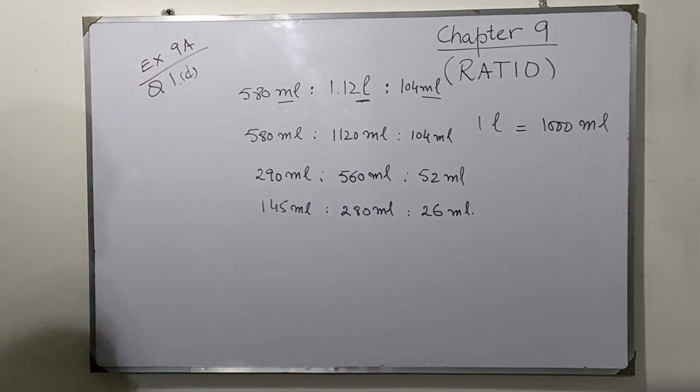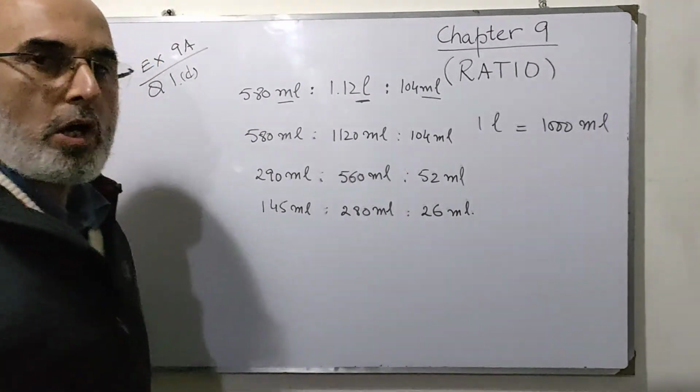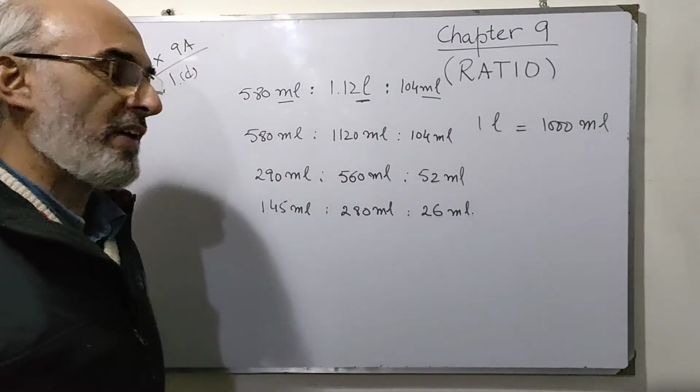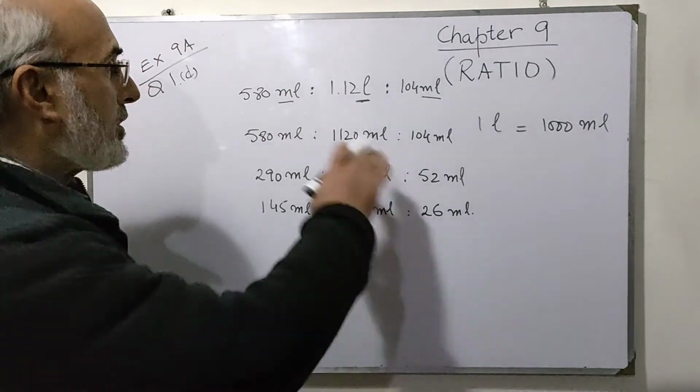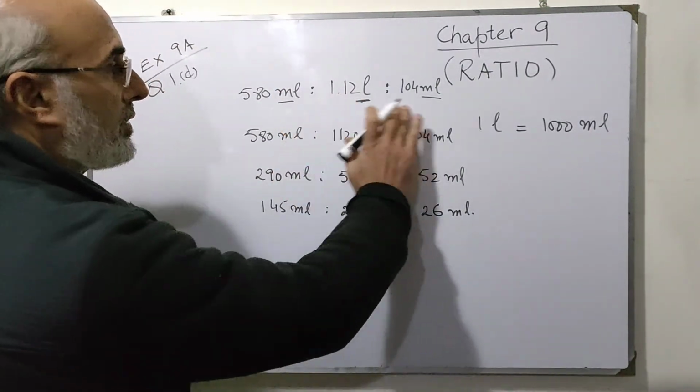Now since this is odd and these two are even, there is no more common factor between these numbers. So this is the simplest form of these ratios.